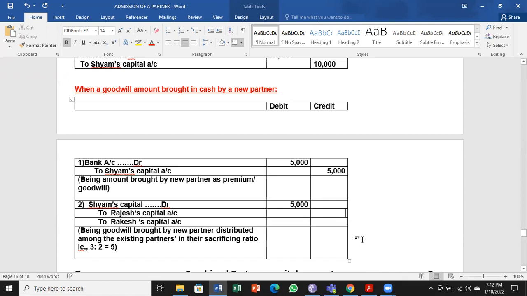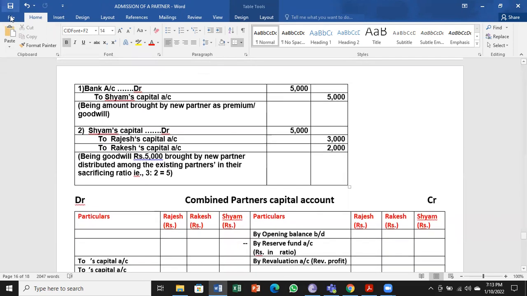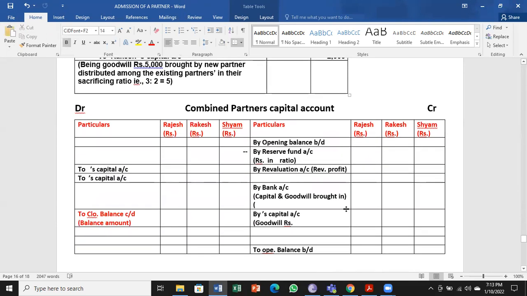So that is going to be 3,000 for Rajesh, 2,000 for Rakesh. So this 5,000 rupees to be distributed among the partners in 3:2 ratio, being goodwill of rupees 5,000 brought in by new partner divided among the partners in their sacrifice ratio, that is 3:2. That is the usual entry we have done earlier.